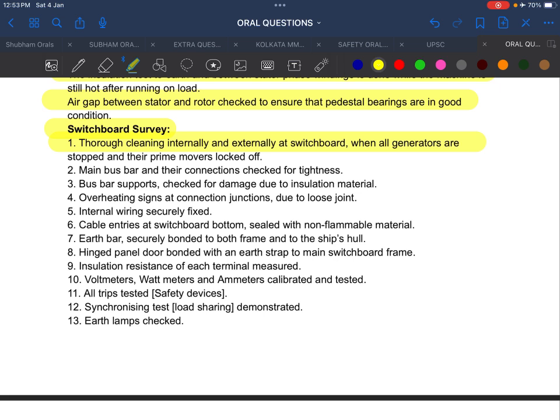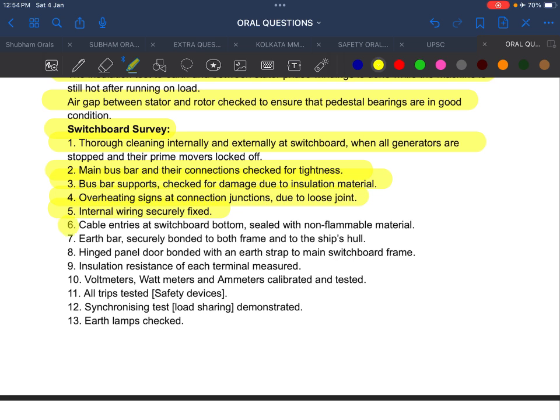Now they can check internally and externally everything, like the main bus bar and its connection tightness, bus bar supports, and overheating signs at the connection junction, whether any overheating is there or not. After that, the internal wiring and the internal insulation resistance of the cable coming from the generator to the bus bar. They can check the insulation of that also.